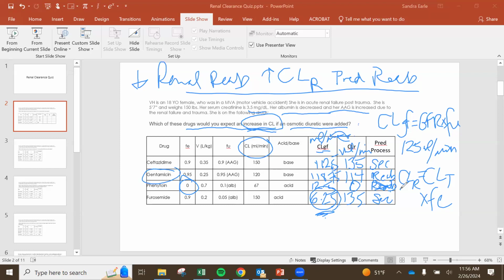It's reabsorbed. Gentamicin and maybe phenytoin. So that's the answer if an osmotic diuretic were added. So it's going to be gentamicin and maybe phenytoin. I'll give credit for both.